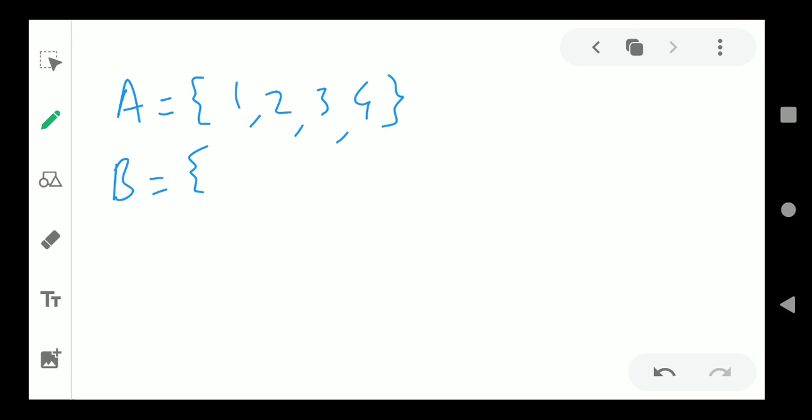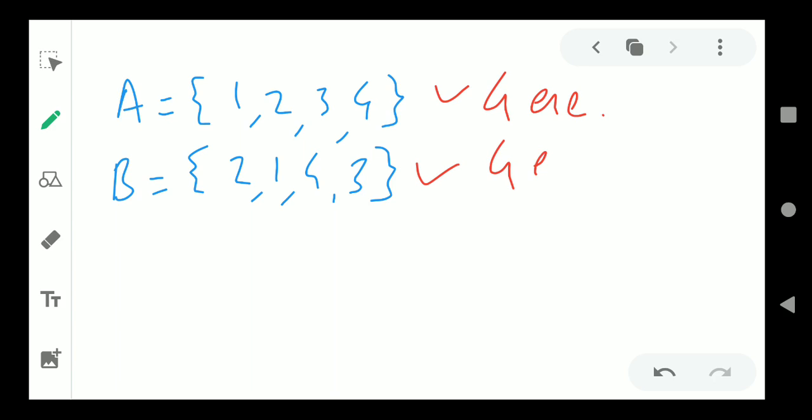Let's take an example. Suppose set A is 1, 2, 3 and 4. Set B is 2, 1, 4, 3. In the first set A we have 4 elements in all. Similarly in B we have 4 elements. So the number of elements is the same, and our first condition is fulfilled.